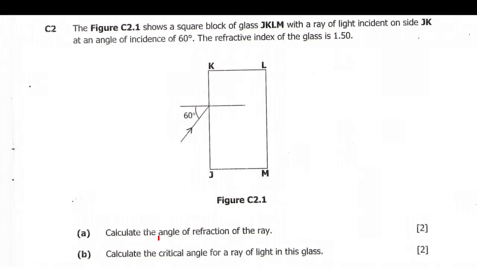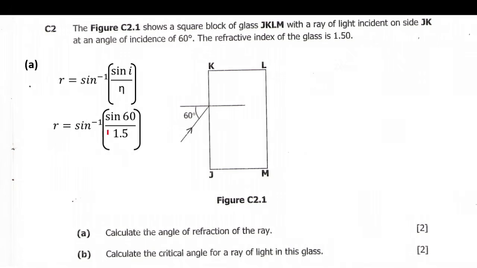When they say, calculate the angle of refraction of the ray, I'm just using the already made formula. Angle of refraction is equal to sine inverse open bracket sine of the angle of incidence over refractive index. We substitute angle of incidence 60 degrees and refractive index 1.5.